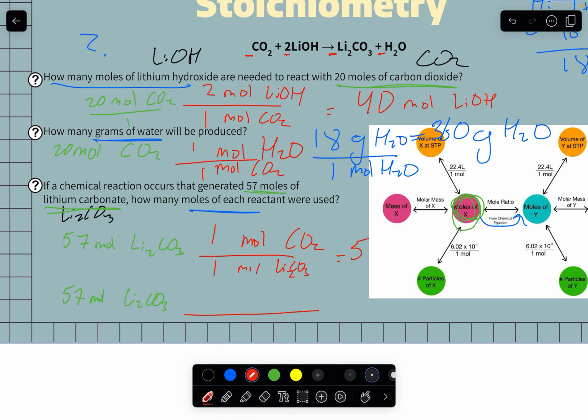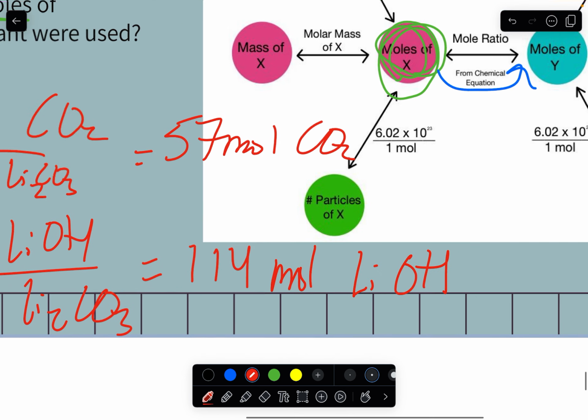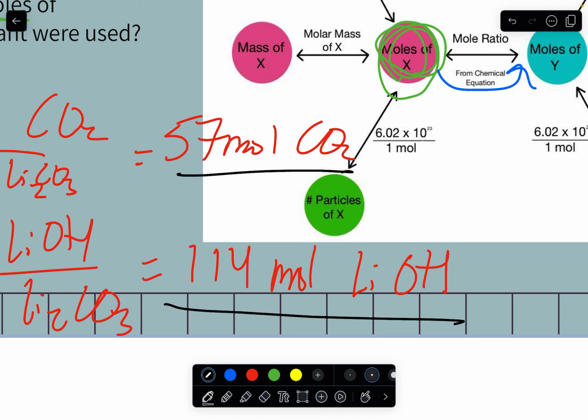So that gives us 57 moles of CO2. For our second one, we're going to LiOH, lithium hydroxide. So on the bottom, we need the moles of lithium carbonate, which we said is 1. And lithium hydroxide has a 2 in front. So 2 moles lithium hydroxide on top. So 57 times 2 is 114 moles of LiOH. Okay, so if we look at our answers here, we get 57 moles of carbon dioxide and 114 moles of lithium hydroxide.